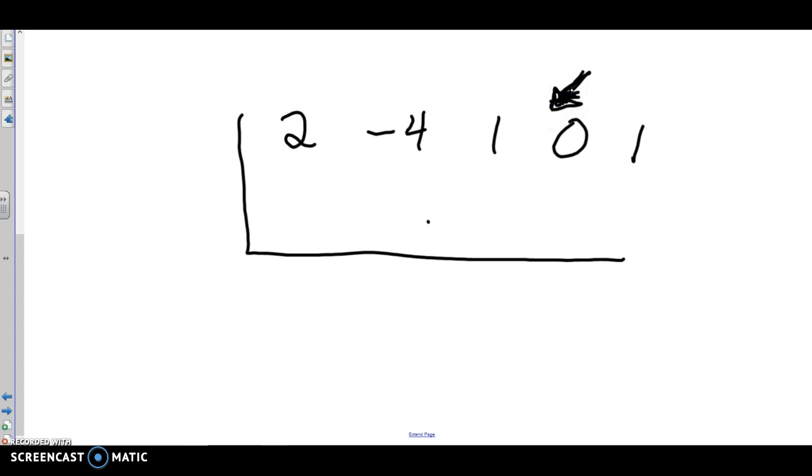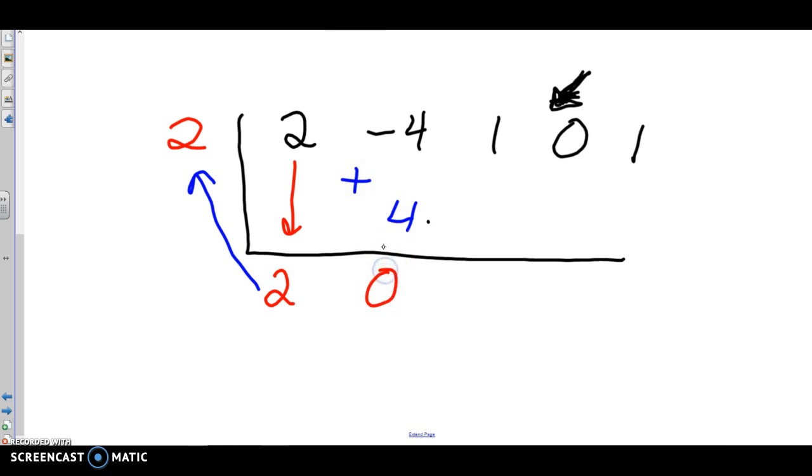So I want to know what the value of this is when x is 2. I'm going to put my 2 on the outside. Here's the process. The first number comes right down. I'm then going to multiply by the number I'm dividing by. So 2 times 2 is 4. I'm then going to add the two numbers together, and I get 0.